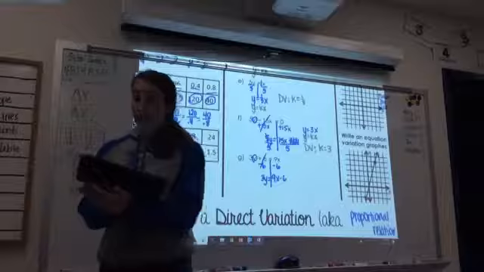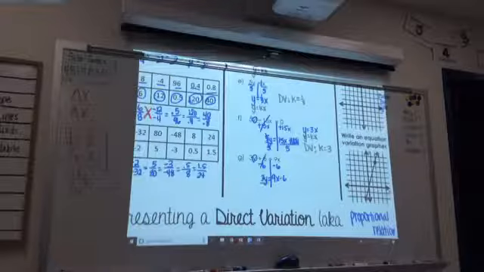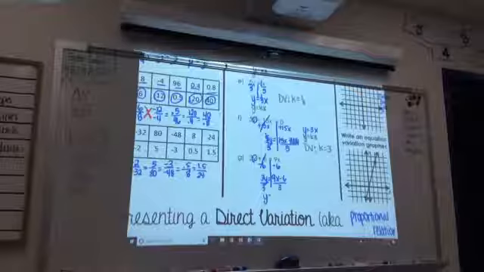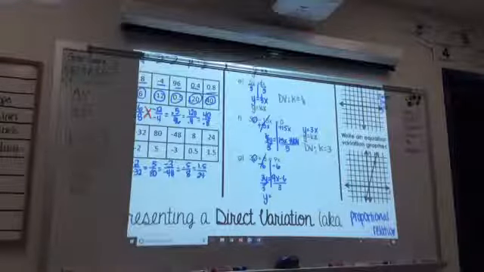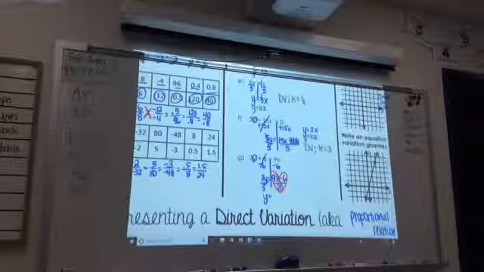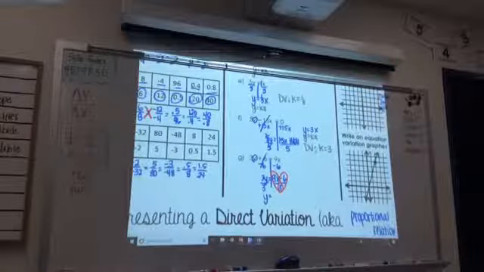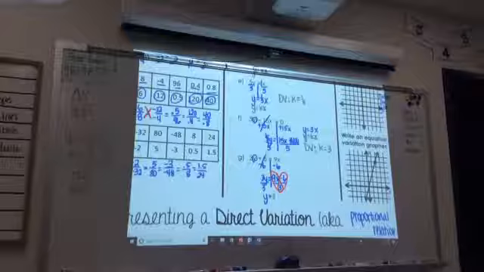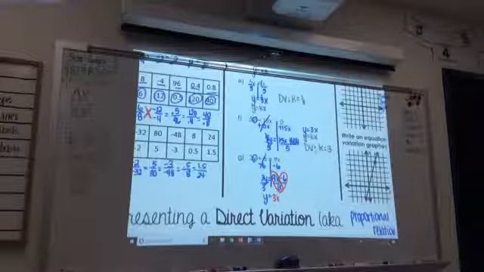Sound good? Now, what do I do? Divide by 3. This should look familiar from like the very first week of school. Don't break my heart. What's 9 divided by 3? 3. So 3x. What's negative 6 divided by 3? Say with confidence.